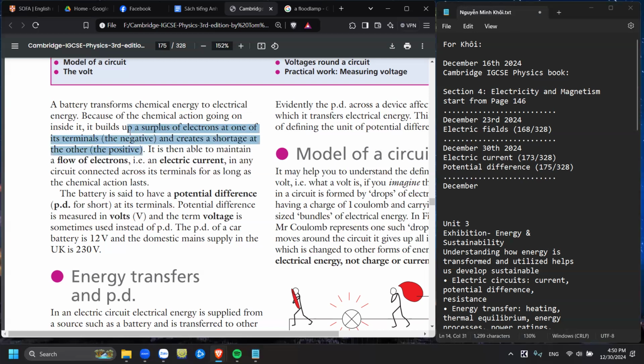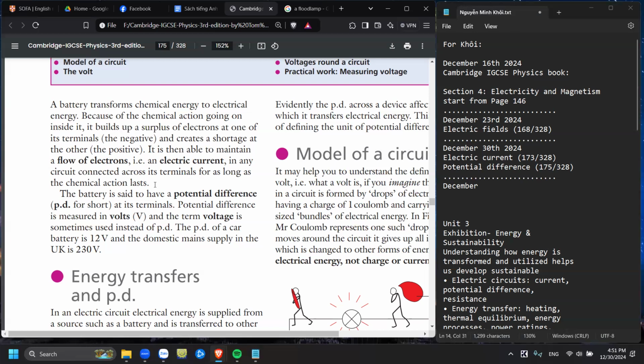So this is exactly what it says: it is then able to maintain a flow of electrons, or in other words, an electric current in any circuit connected across its terminals for as long as the chemical actions last. So it means that a battery will not last forever. You know that, right?